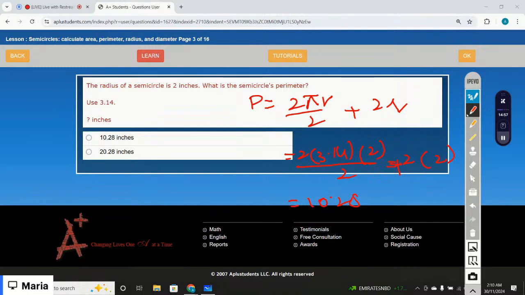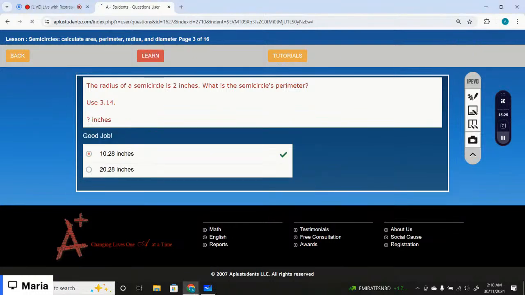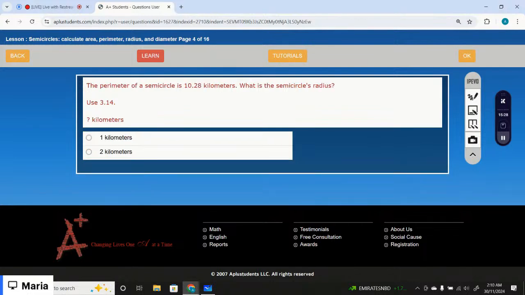Replace the variables with the values, and perimeter equals 10.28.